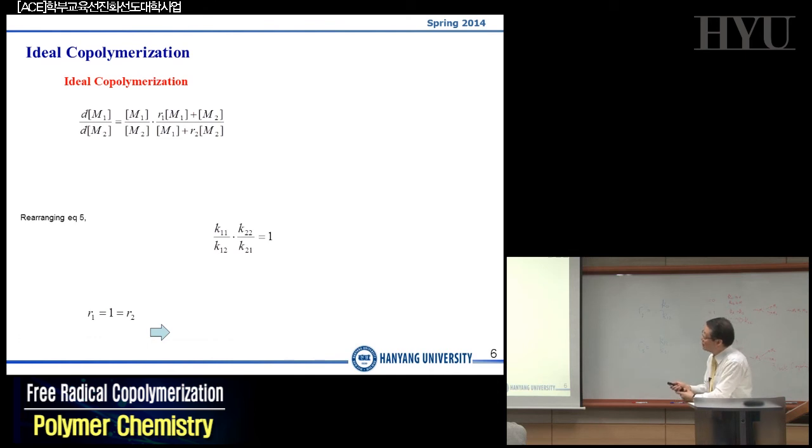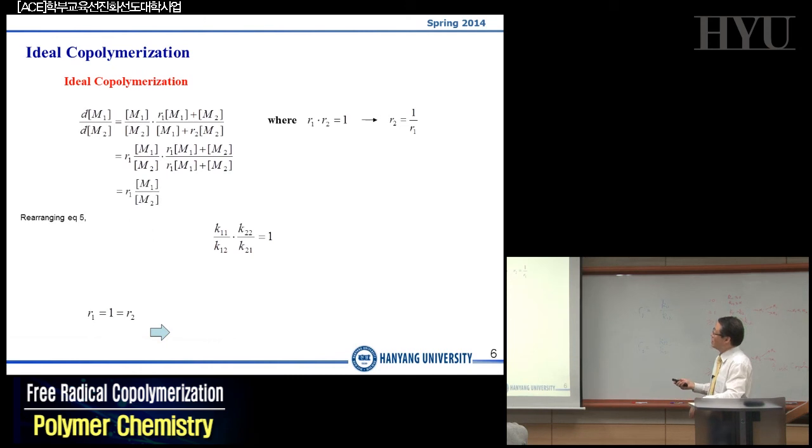Remember that you have a d here: dM1 over dM2 is equal to m1 over m2, which is different from f1 and large F1. But anyway, you can rewrite this equation. Now, r1 times r2 equal to 1 could be the case where we have ideal copolymer equations.